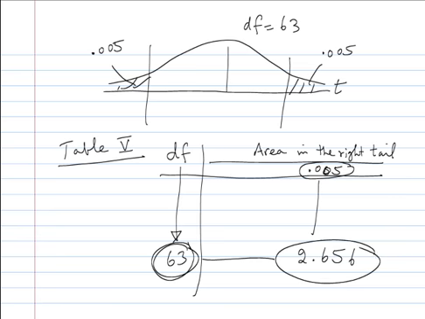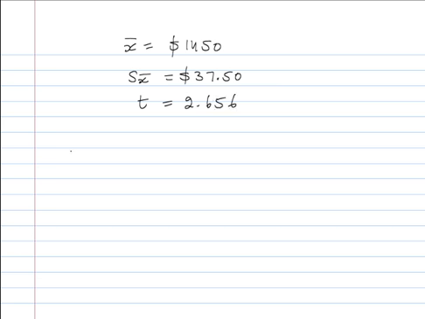So now we know all three values, that X bar is 1450, sx bar is $37.50, and t is 2.656. Now substitute these values in the formula, x bar plus minus t times sx bar.